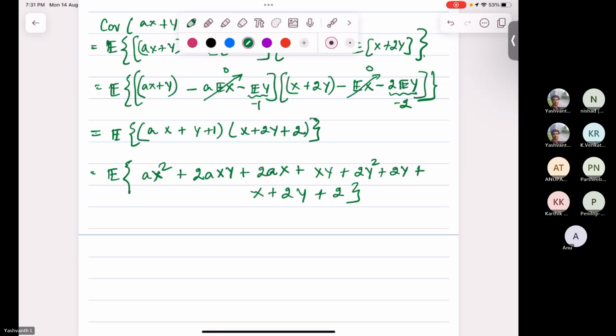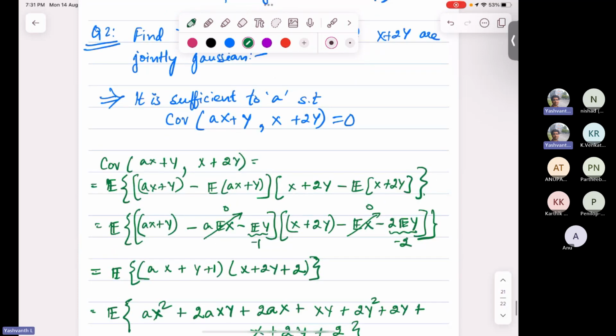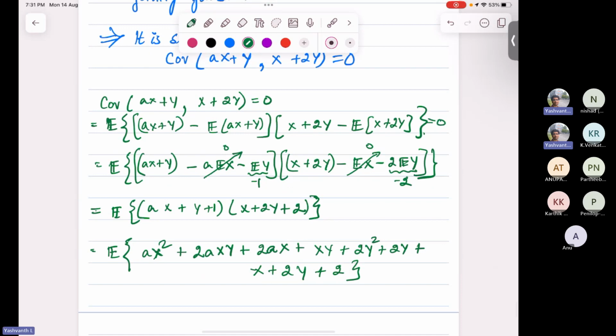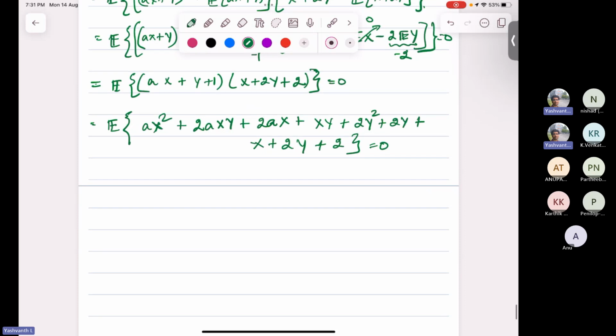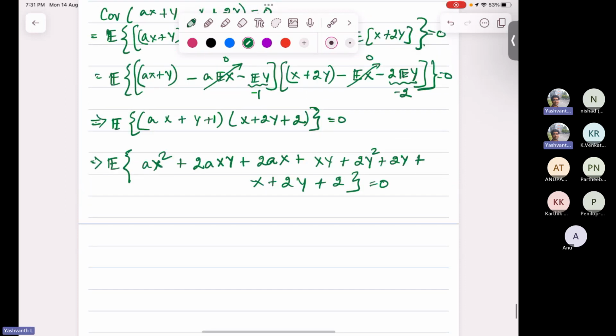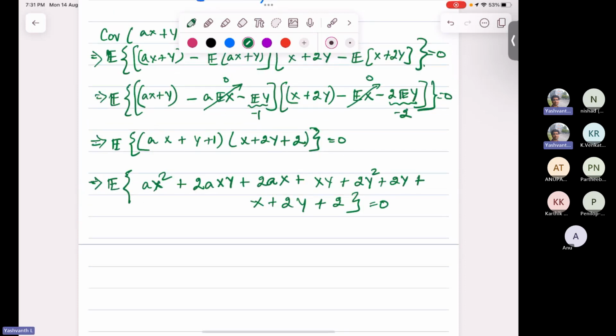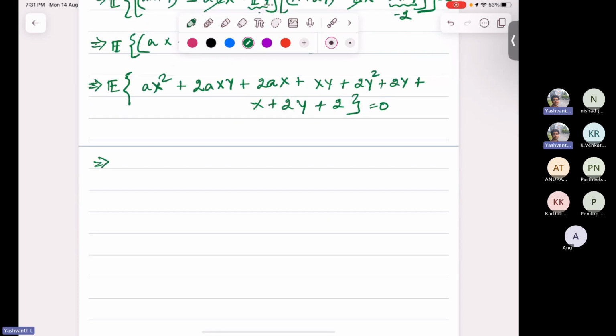This should be equal to 0. Now, the 2axy and there's an xy here.